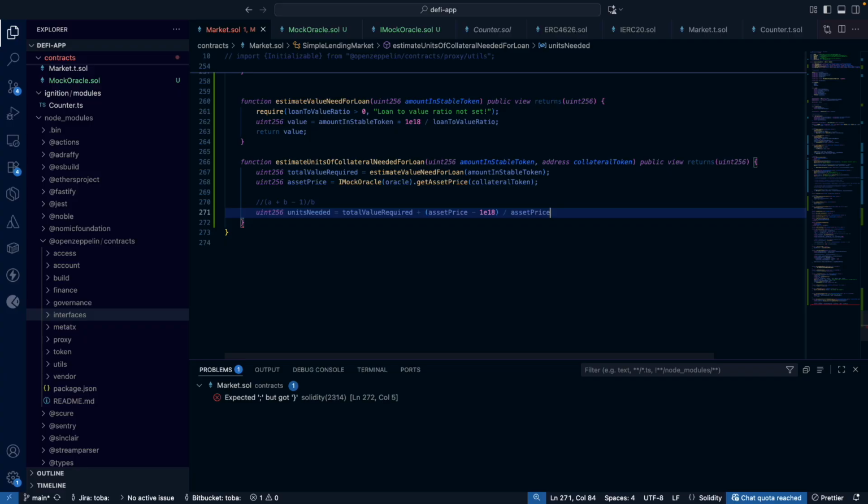Okay. All right. Yeah, so let me do a quick check and confirm what happens if the asset price is less than 1, in which case this will be a negative number, so we need to handle it.